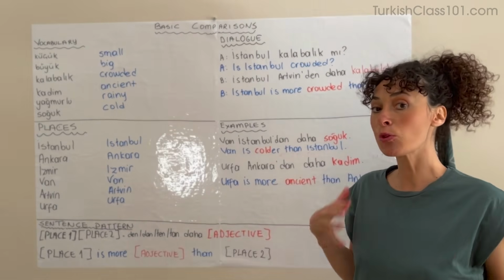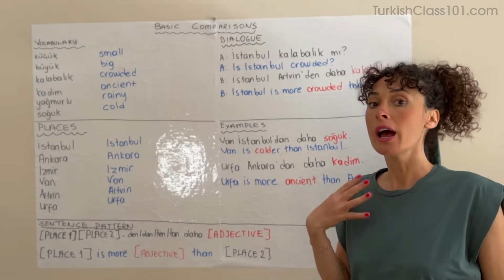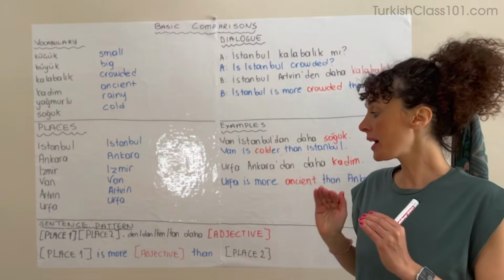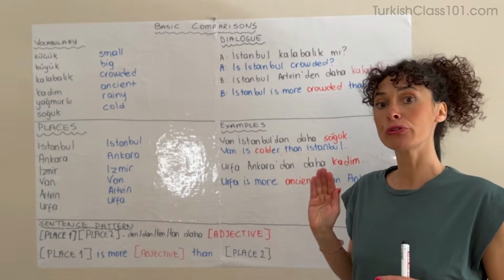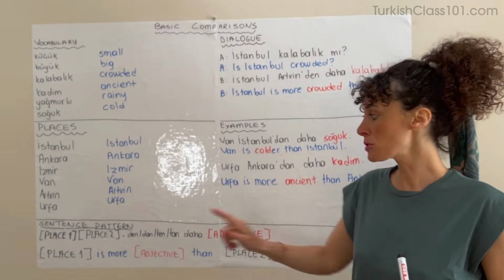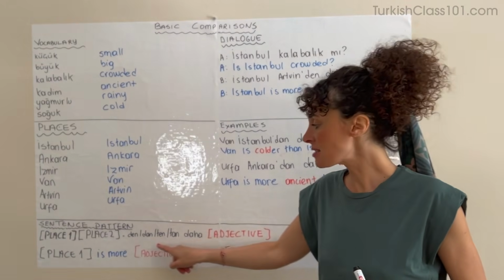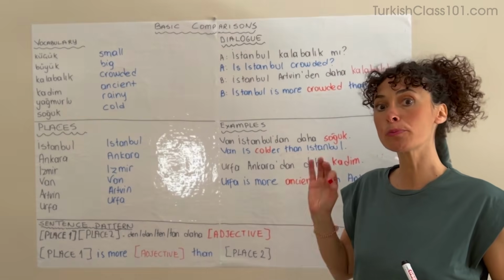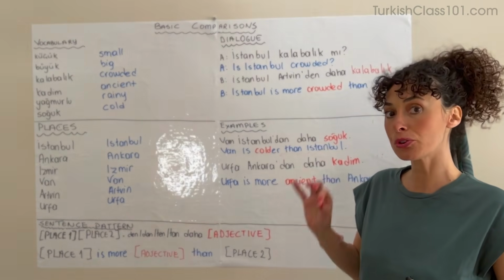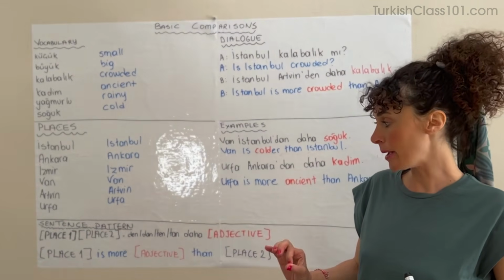You may ask why we have 4. I'm not going to go into that rule right now, but because of the vowel harmony rules, these vowels change and the consonant changes. So you need to pick the right suffix for the right place name.